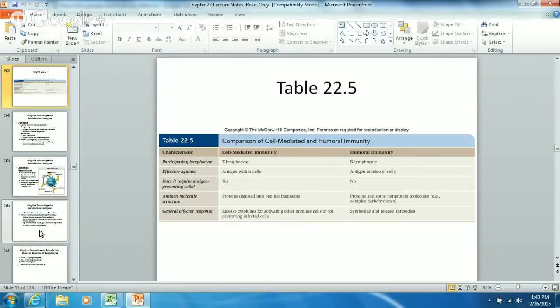And that sign is that magical MHC1 protein that I was pointing out a couple of slides back.